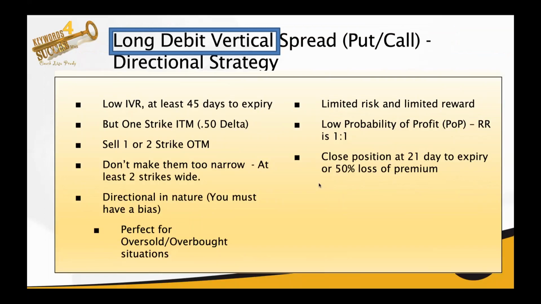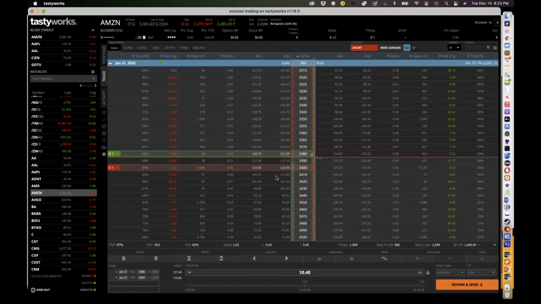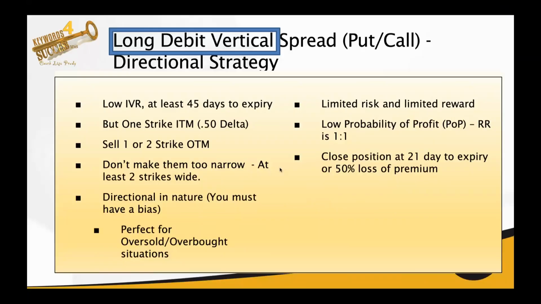Remember, the long leg is what you buy, and the short leg is what you sell. Here, this is your long leg. This is your short leg. So your long leg should always be around 0.5 delta.